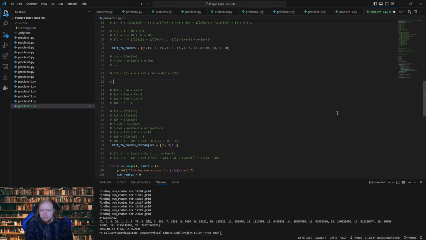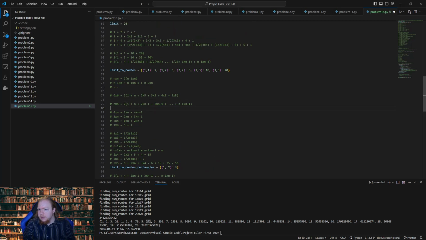So 2 times 1 plus n plus 2 by n minus 1 plus 3 by n minus 1, etc. n minus 1 by n minus 1, which I think is pretty similar to a formula we created earlier.